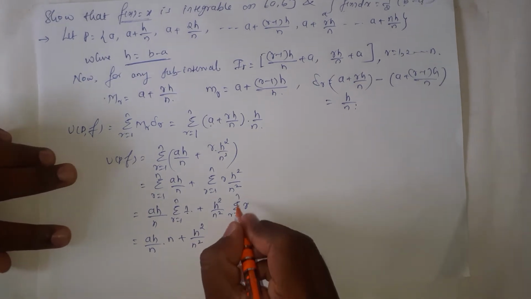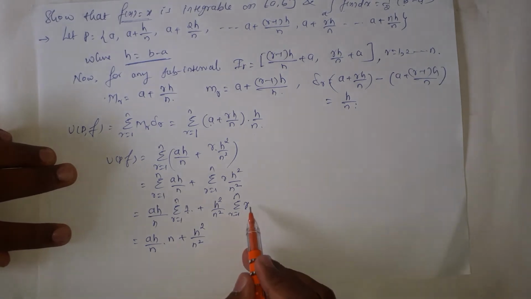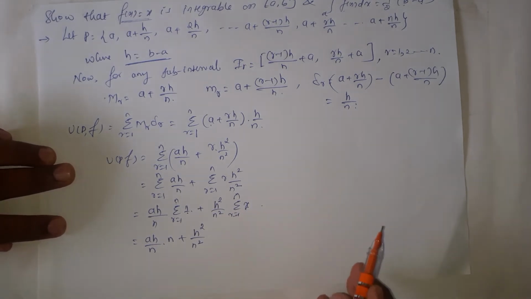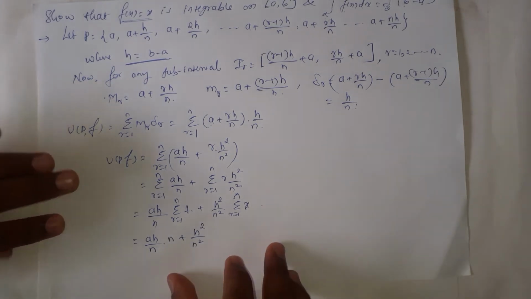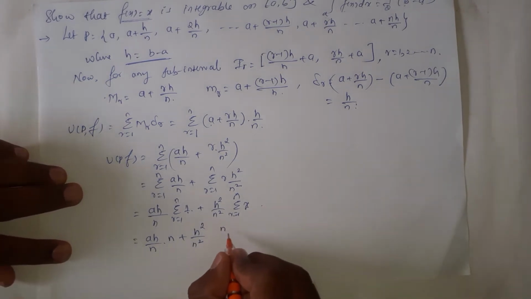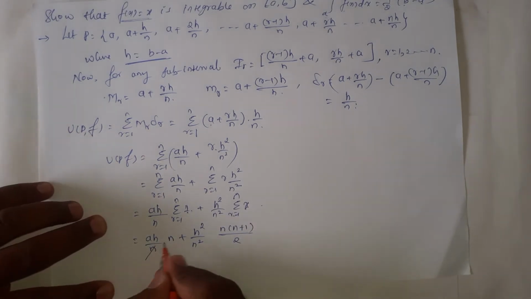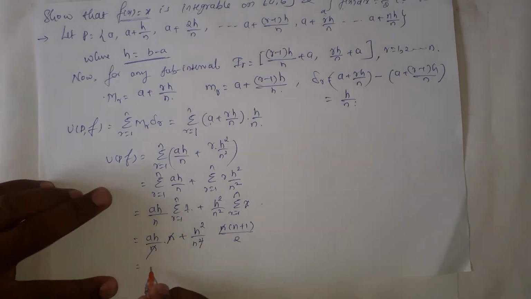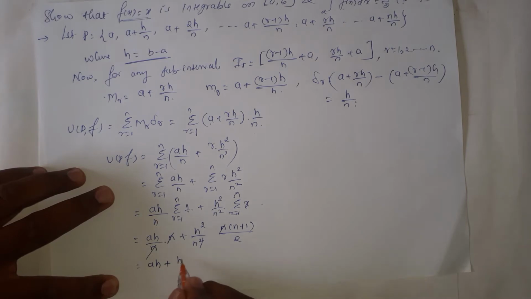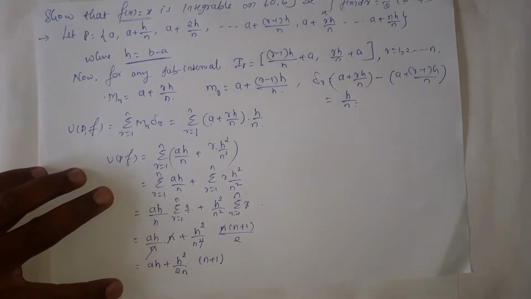Here summation over r equal to 1 to n of r is there, then it is equal to 1 plus 2 plus 3 up to n, that is nothing but the sum of the first n natural numbers, and it is given by the formula n into (n plus 1) divided by 2. So here n and n get cancelled, here also n and n get cancelled, remaining a h plus h square by 2 into (n plus 1) by n.